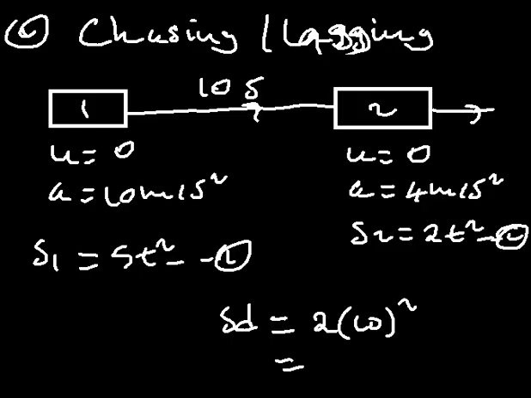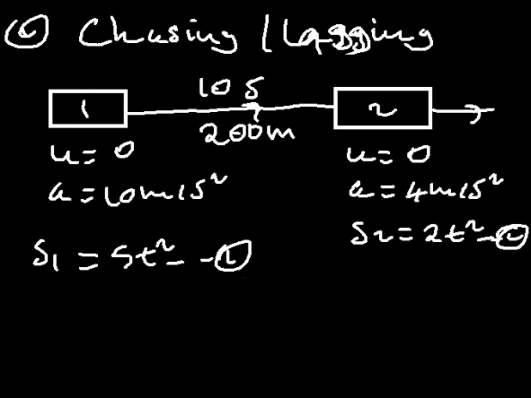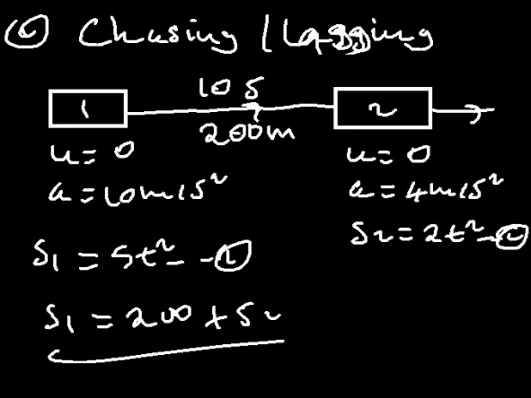That should be 200 meters. By the way, this is not S2, it is the separation distance. So we have it as 200 meters, which means the distance corresponding to 10 seconds is 200 meters. Then from there we'll take it as normal, the way we have been doing it. We'll have S1 equal to 200 plus S2. Then you can get the time from that point.